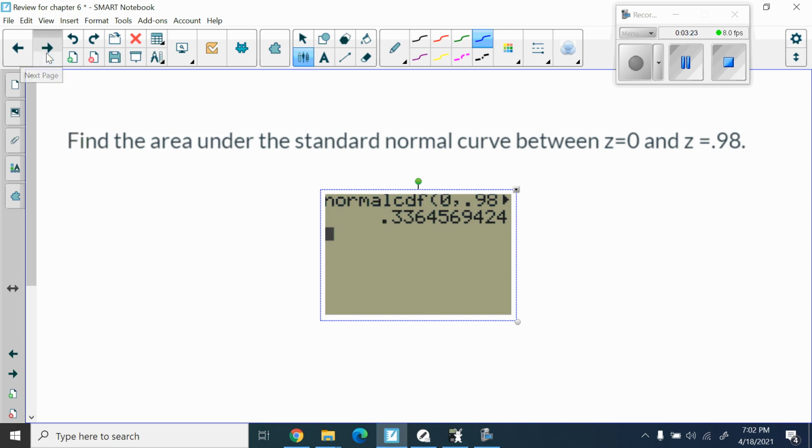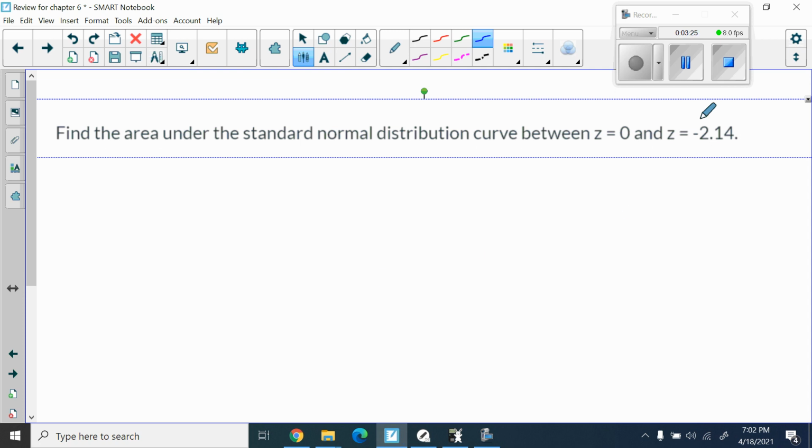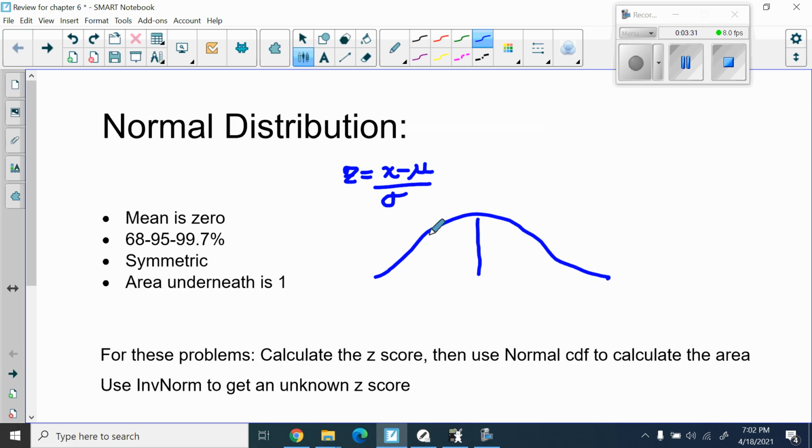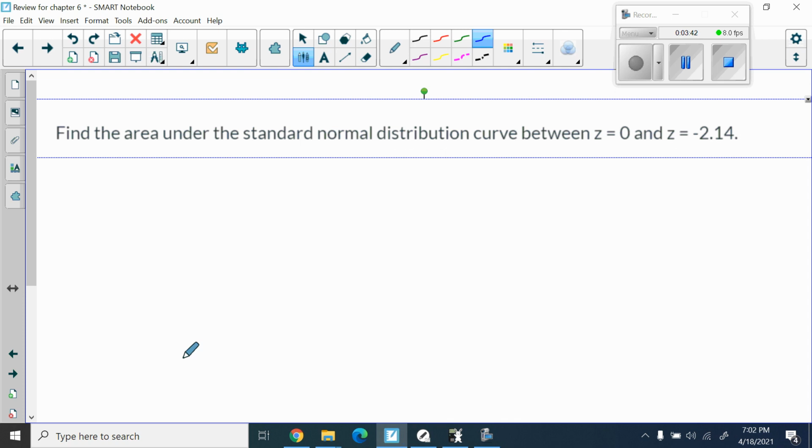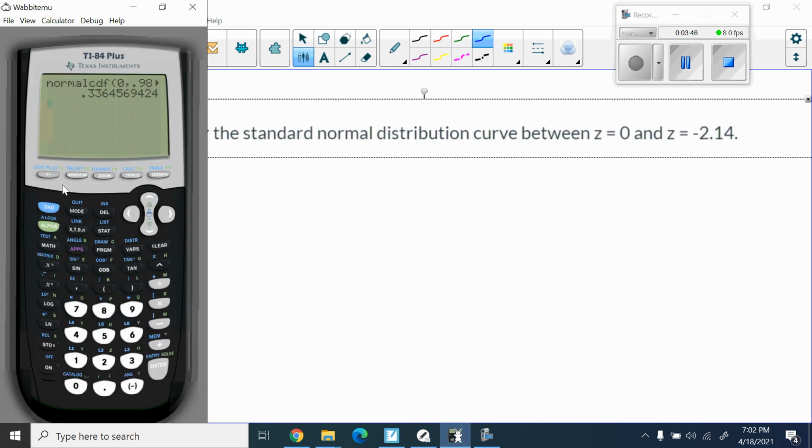All right, so we're going to do a couple more of these. In between z and negative 2.4. Remember, if we look back at our normal curve, negative z-scores are to the left of the curve, and positive z-scores are to the right. The more negative something is, the less it is. So this is going to be our lower bound. So we're going to do this again.